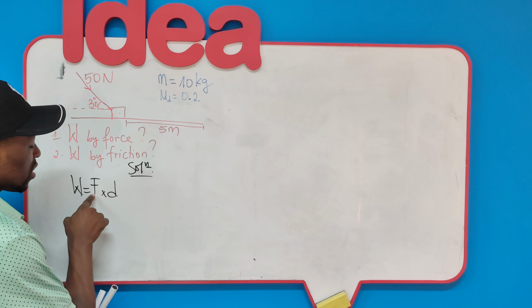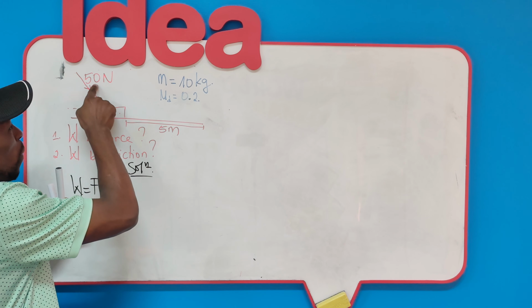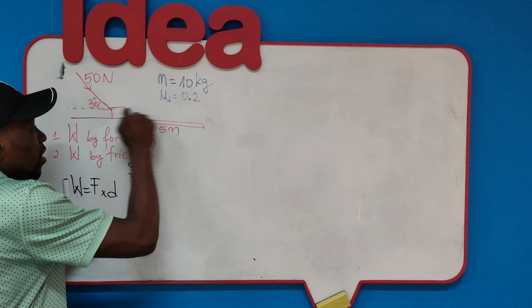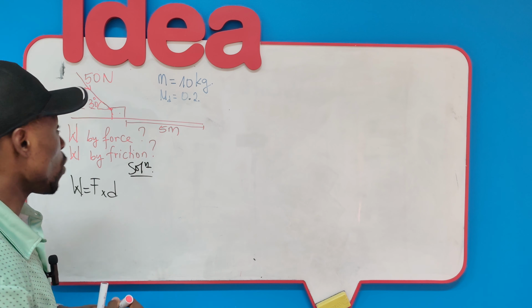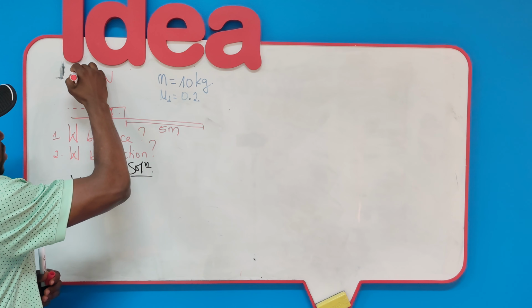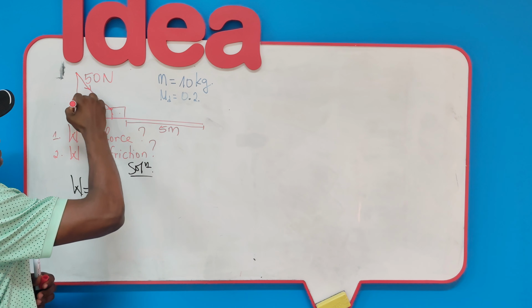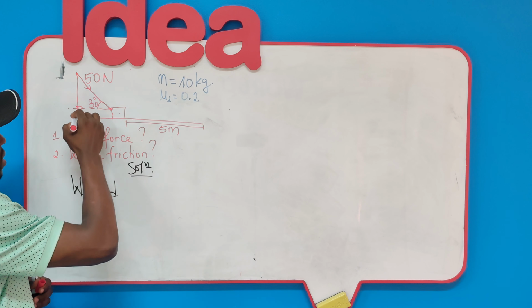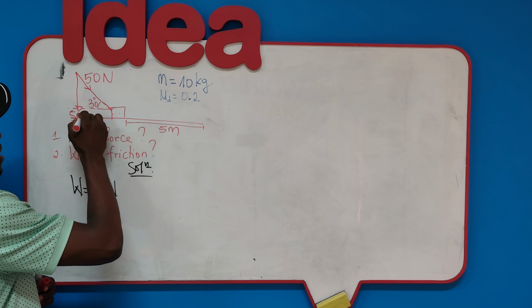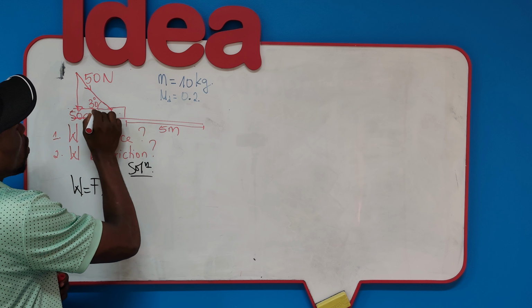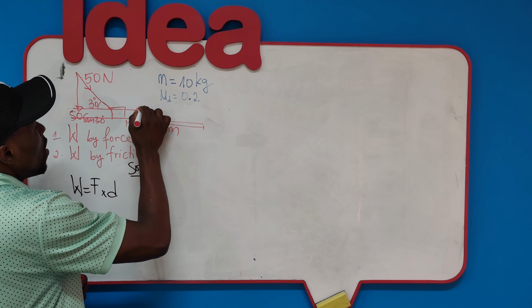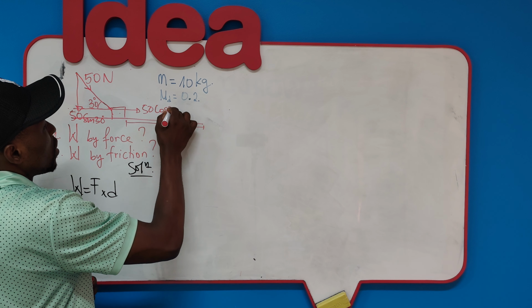So the next challenge is to find the component of the 50 Newton force which acts along this plane. We will use the Pythagorean theorem for forces and decompose this resultant force. Vertically downward, we will have 50 sin 30 degrees, and along our plane of interest we will have 50 cos 30 degrees.